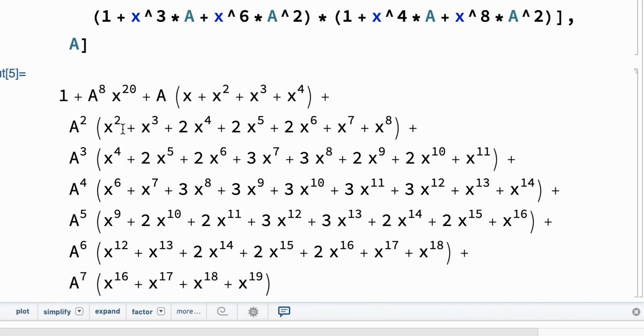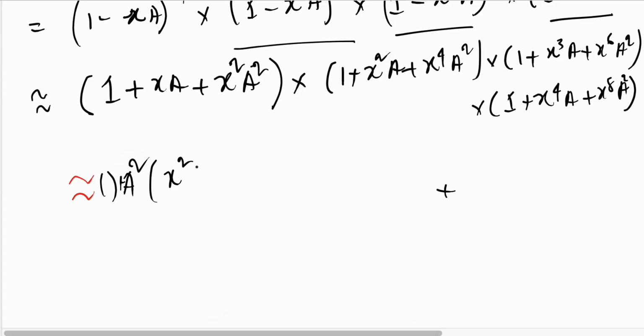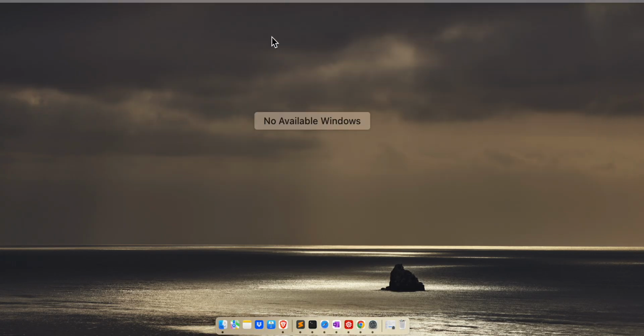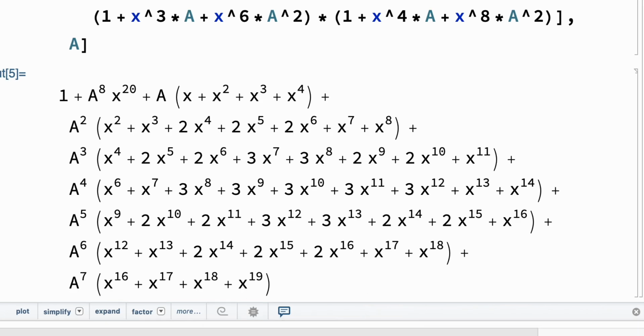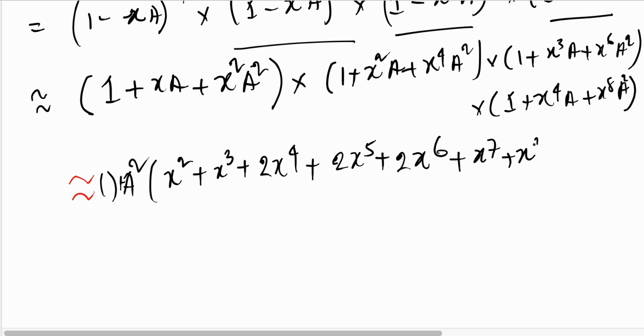So x square, x cube, plus 2x to the power 4, 2x to the power 5, 2x to the power 6, x to the power 7, x to the power 8.